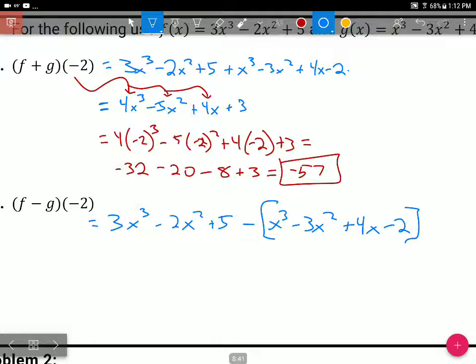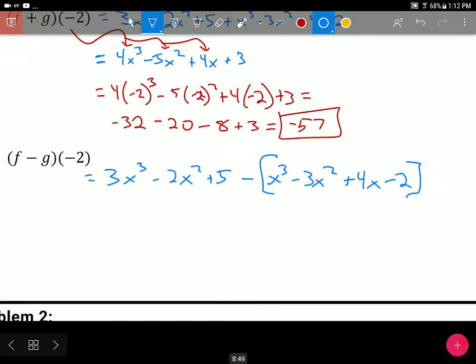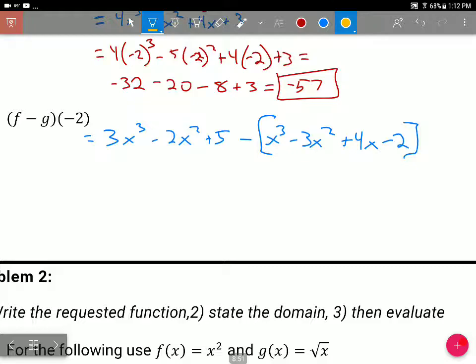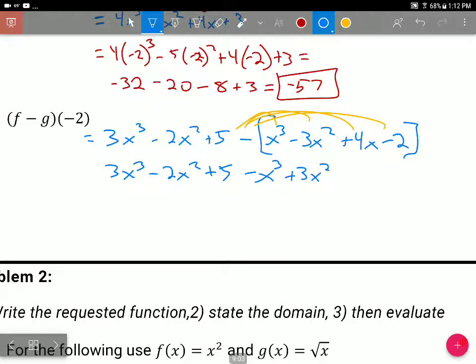Yes, this is the most missed piece of this entire section: you forget to distribute your negative. So that negative has to apply to every single one of those. So that's 3x cubed plus 3x squared minus 4x minus 2x.